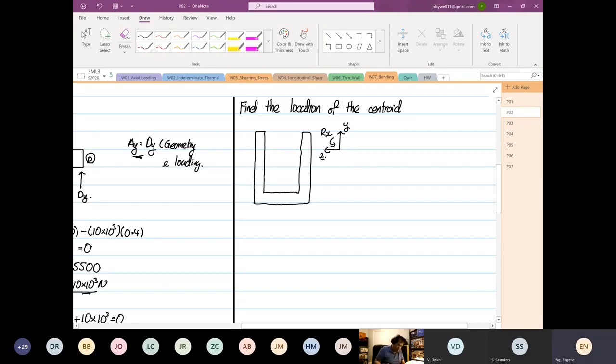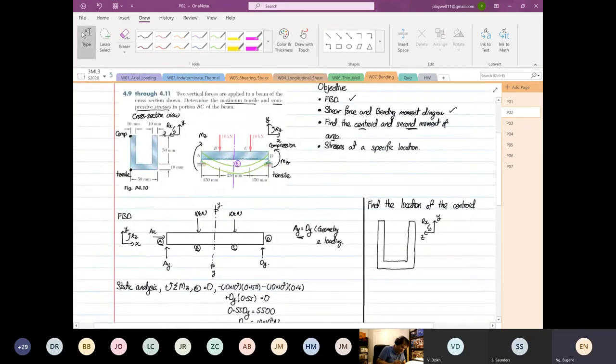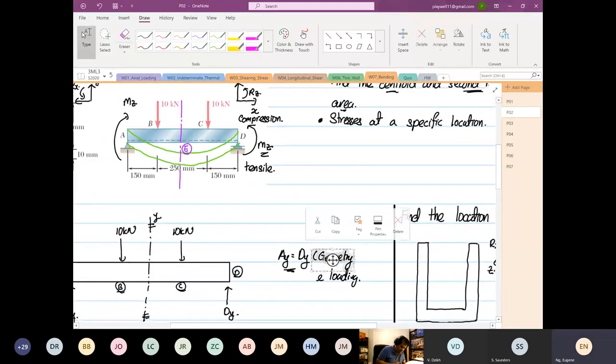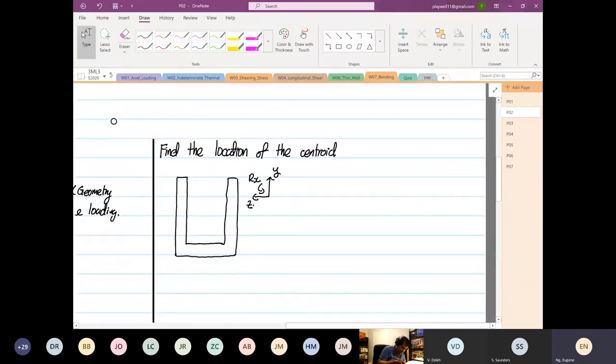Rotation about X. So we know that for our case, the moment is about the Z-axis. So what we want to find is the centroid, and later we want to find IZZ, because the moment is rotating about the Z-axis.